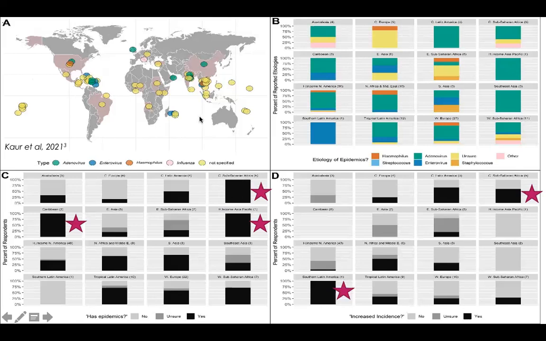And then circling back to figure A, this just shows a breakdown of the type of pink eye infections by the global burden of disease regions that we mentioned. And it looks like the most prevalent type of pink eye infections are not specified etiology. That means they're not classified as either the allergic, the bacterial, or the viral type of pink eye.